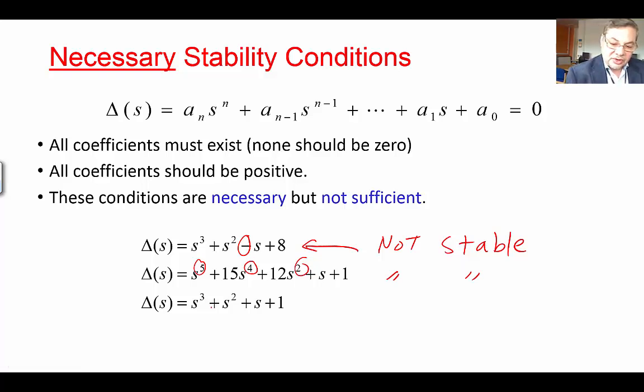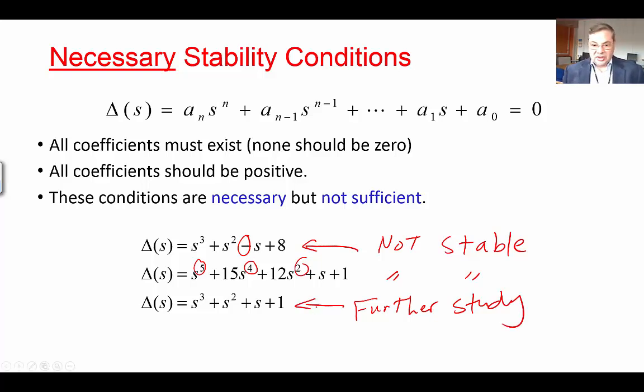Here the coefficients are all positive and none is missing, so that needs further investigation to see whether the system is stable or not. So we will build the Routh array, and from that, how can we find whether the system is stable or not?